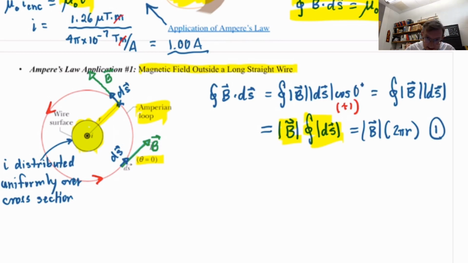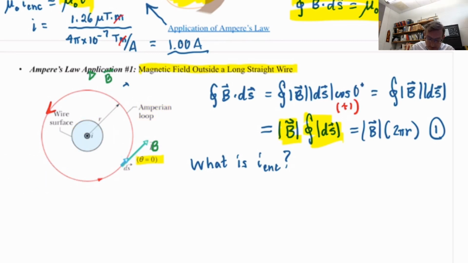Now the other thing I need to keep track of, if I'm using Ampere's law, is what is I enclosed? What is the total current piercing through the interior of the loop, the Amperian loop? Let me declutter my drawing a little bit.